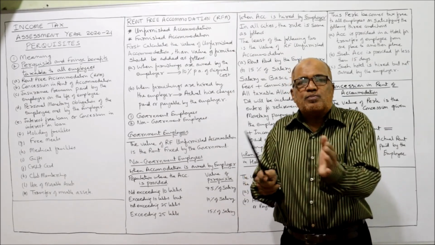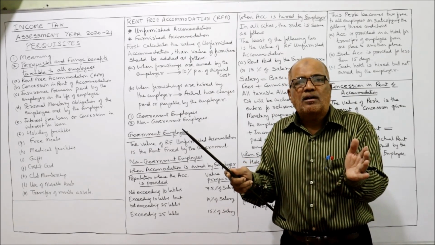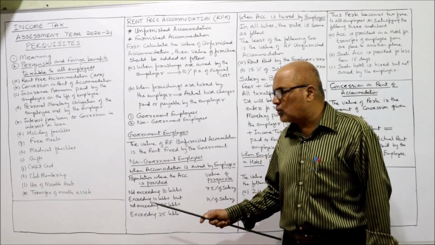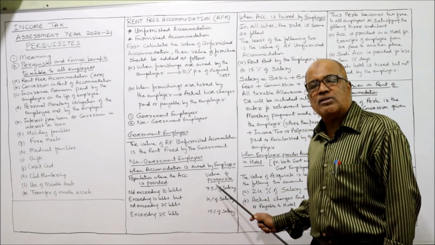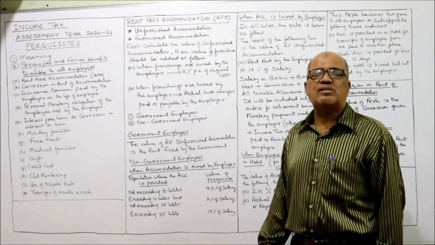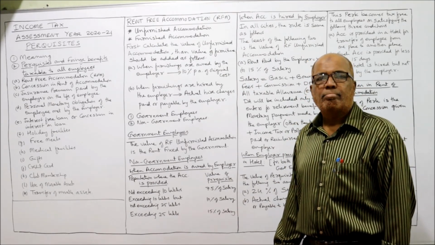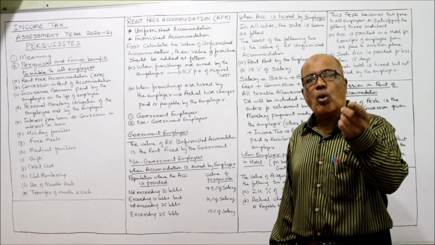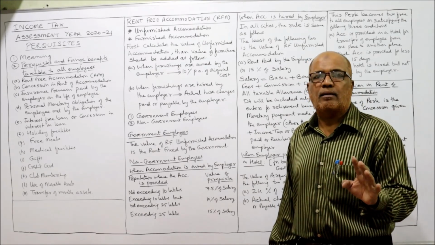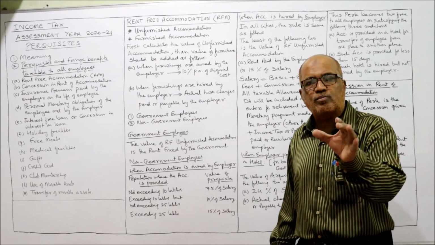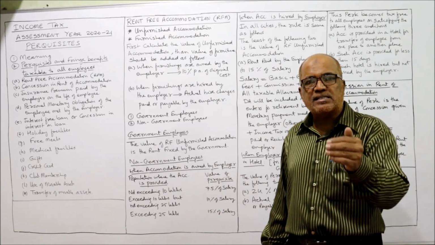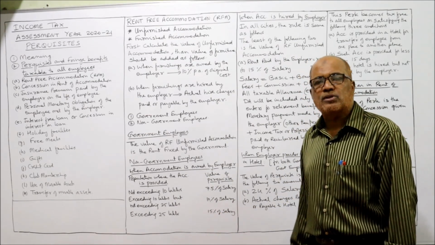If the accommodation is provided in a small city where the population is up to 10 lakhs, not exceeding 10 lakhs, then the value of the perquisite is 7.5% of salary. If the accommodation is owned by the employer and provided in a small city, population less than 10 lakh, 7.5% of salary.